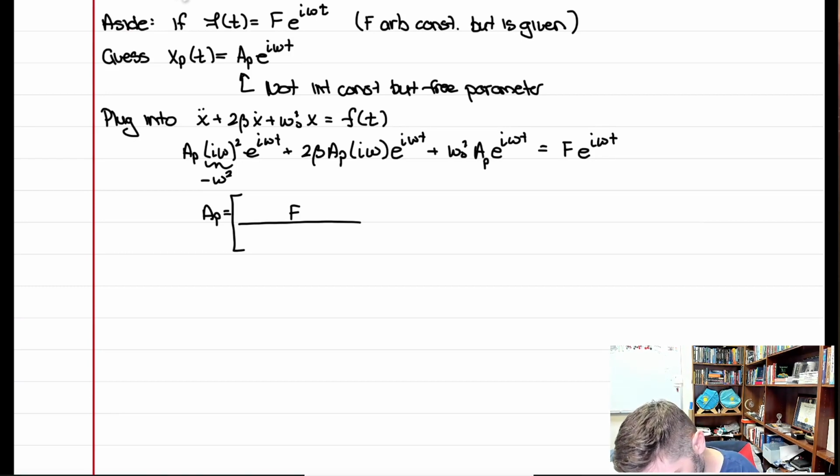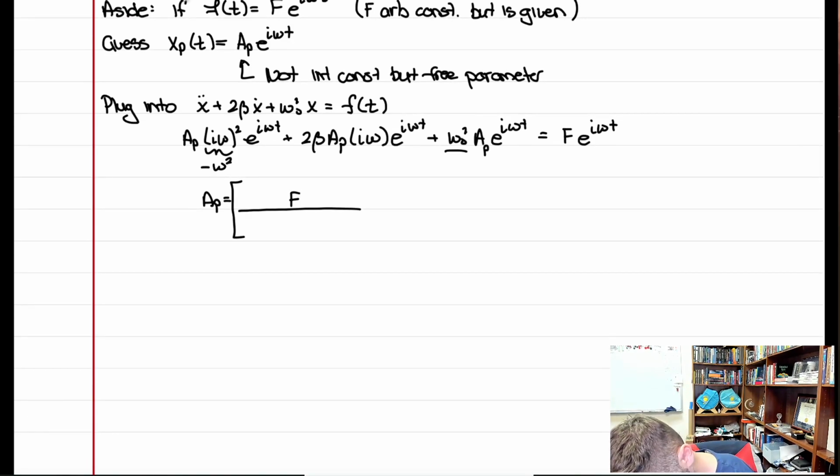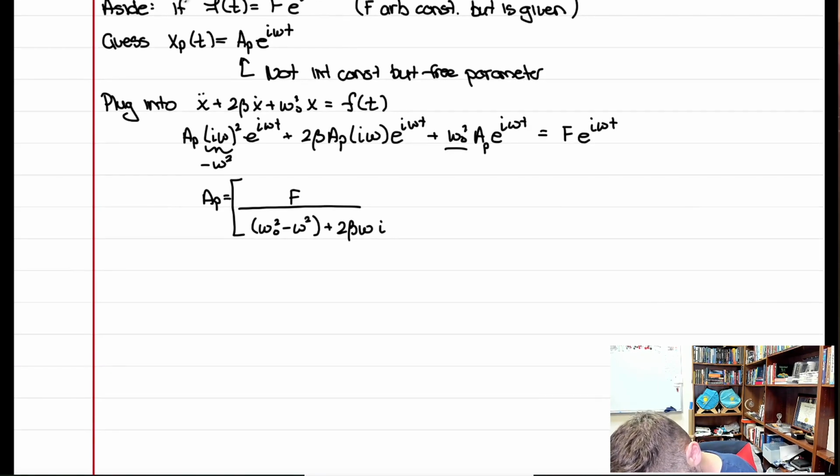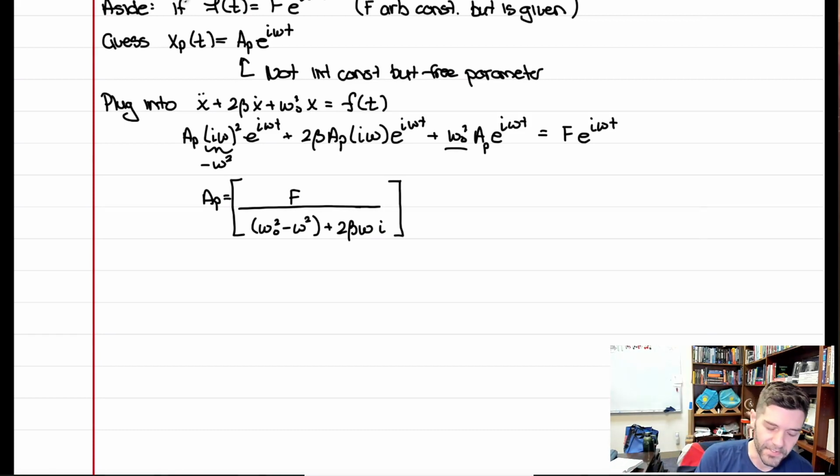But that's not the same as omega naught, but I can combine those, so it looks like omega naught squared minus omega squared. But then there's the 2 beta omega times i. And that's all on the left-hand side, so that when you ultimately solve for all of this, you can divide through all that stuff to isolate a_p, and you get something that looks like that.